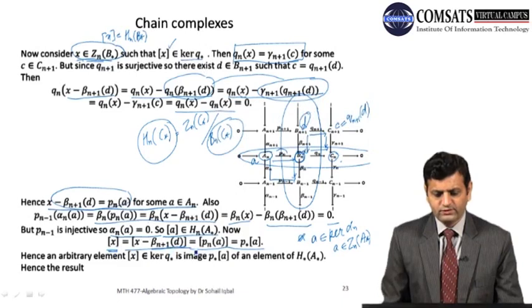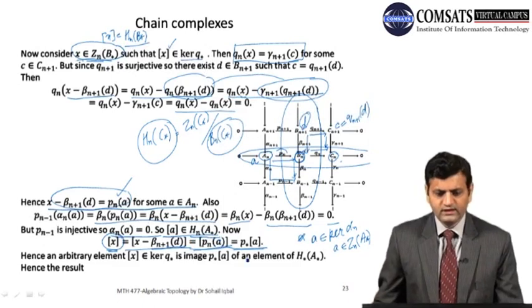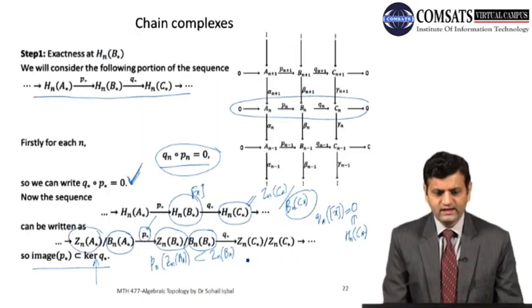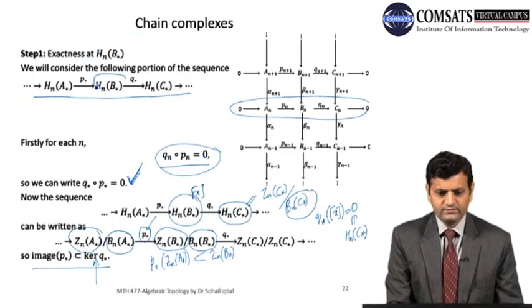But this is equal to Pn of A from our discussion above, which is equal to P lower star of A. So in other words, this X, which we take to be an element of Hn of B star, is the image of some element of Hn of A. So we can say that the sequence is exact at Hn of B.